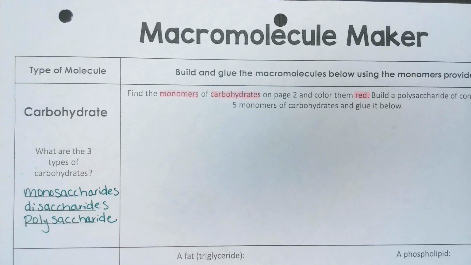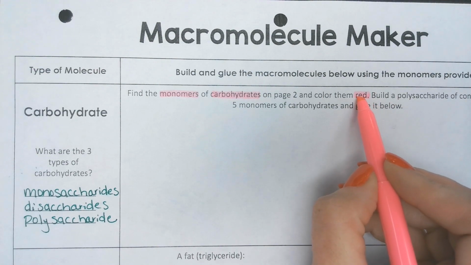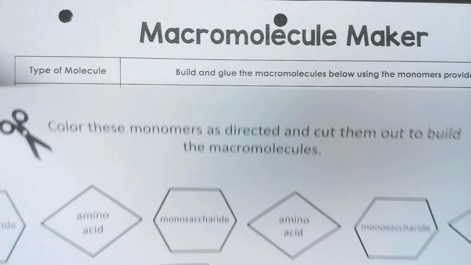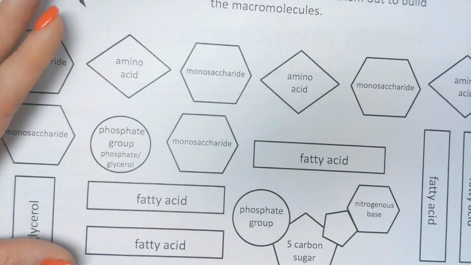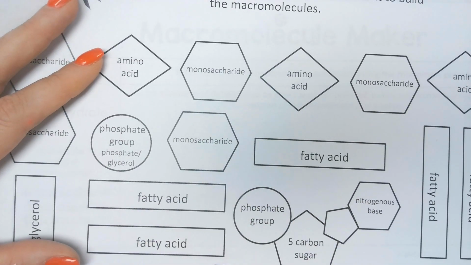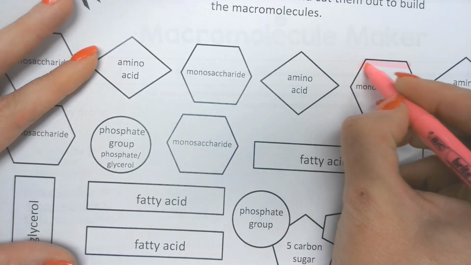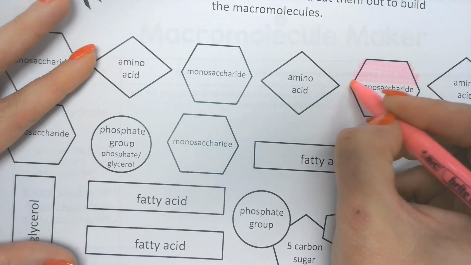All right, we're going to color these monomers of a carbohydrate red. And I don't have a red marker, so I'm going to use pink. So we're just looking at this, trying to figure out what our monomers are. And hopefully you remember from yesterday that a monosaccharide is the monomer for a carbohydrate.